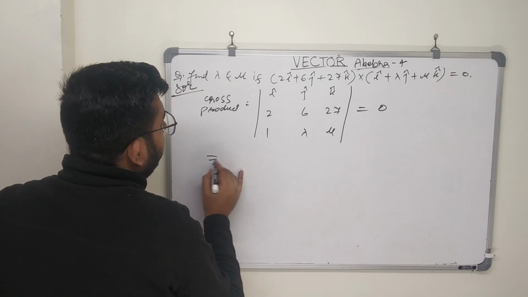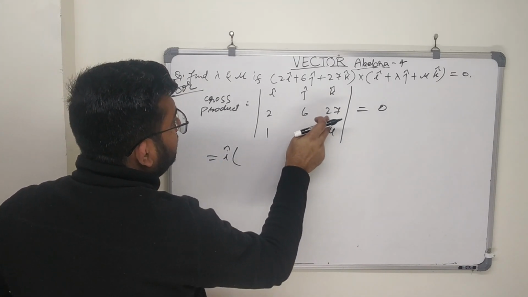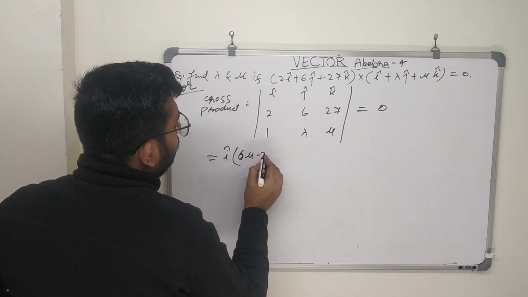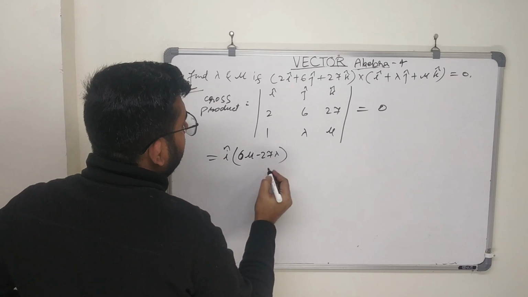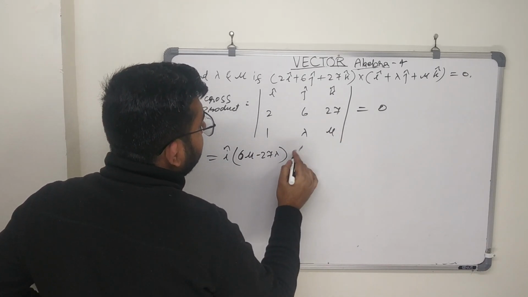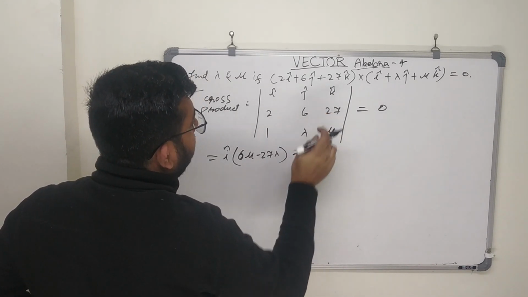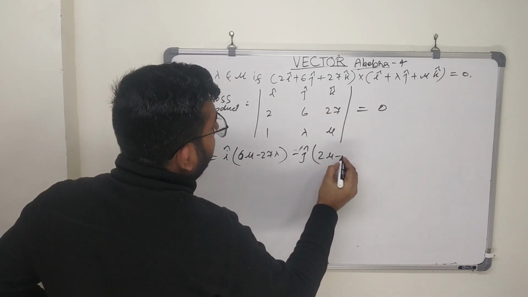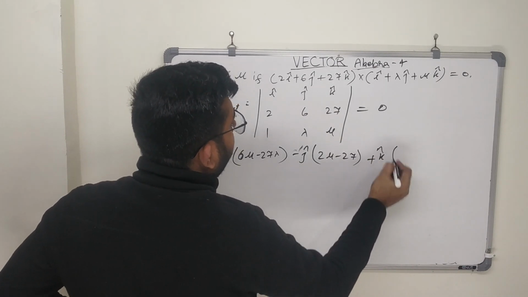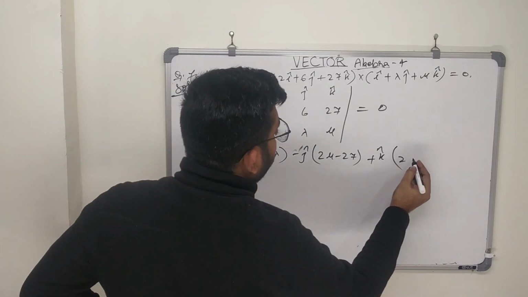So now calculating i cap into 6 mu minus 27 lambda, plus, sorry, this will be minus j cap into 2 mu minus 27, plus k cap into 2 lambda minus 6.